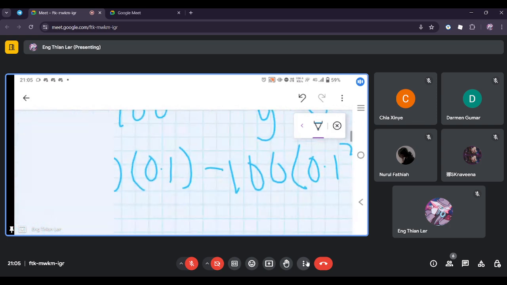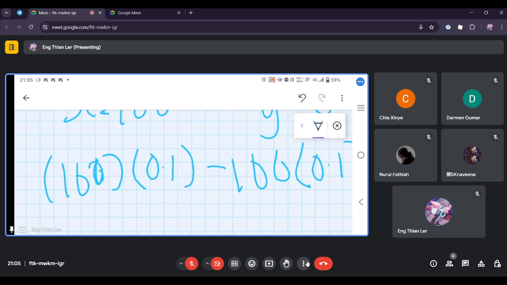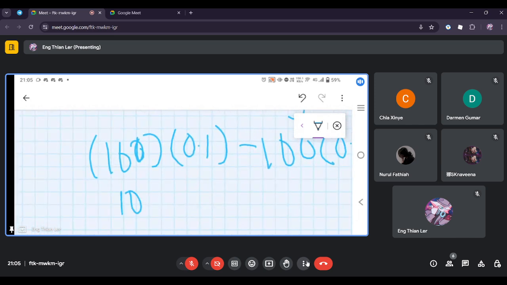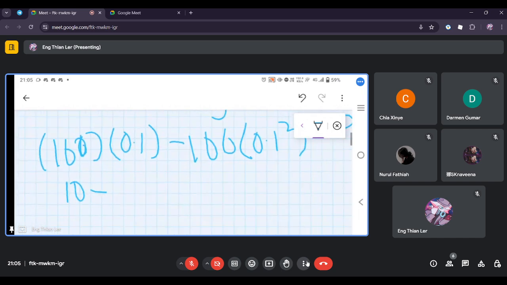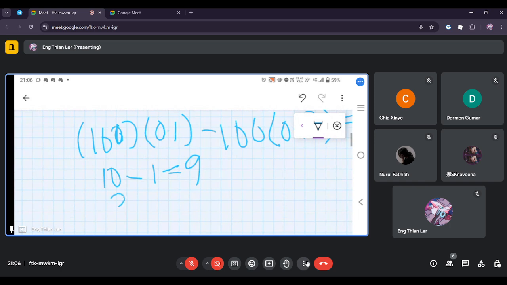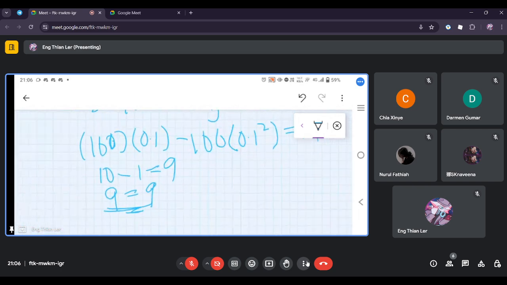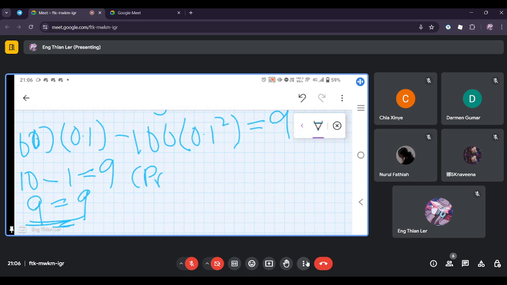So look at this. 100 times 0.1 becomes 10 already, and minus 100 times 0.1 squared. 0.1 squared is 0.01. So multiply by 100, you just get 1. So this equals 9, and we get 9 is equal to 9. So we just proved that. Okay.